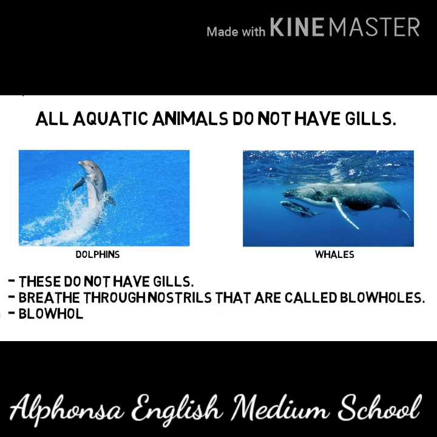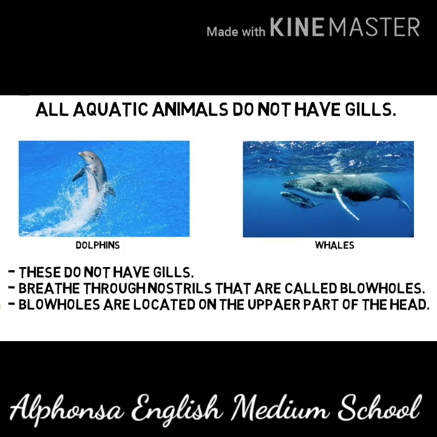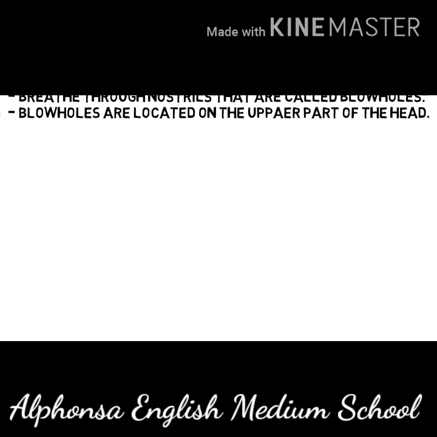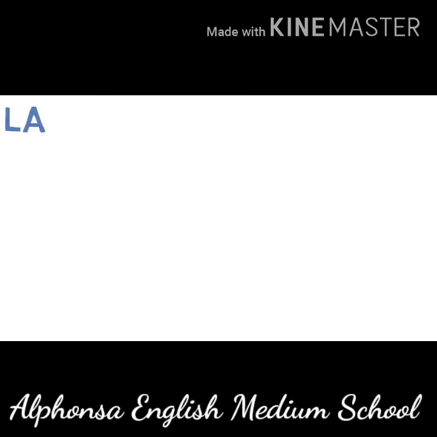These blowholes are located on the upper parts of their heads. This allows them to breathe in air when they swim near the surface of water. They can stay inside the water for a long time without breathing. They come out to the surface from time to time to breathe in air.